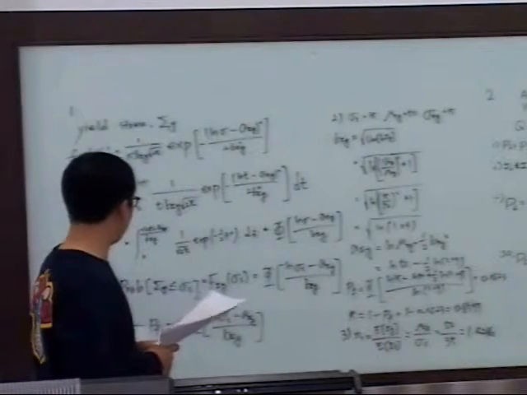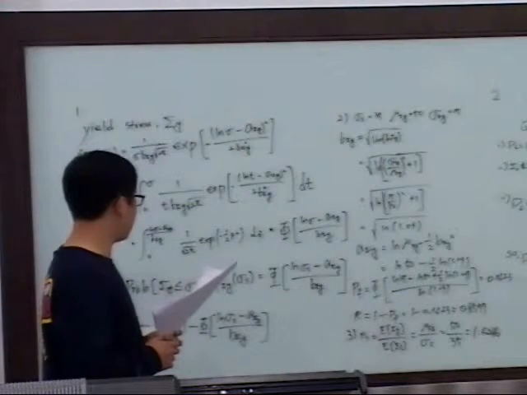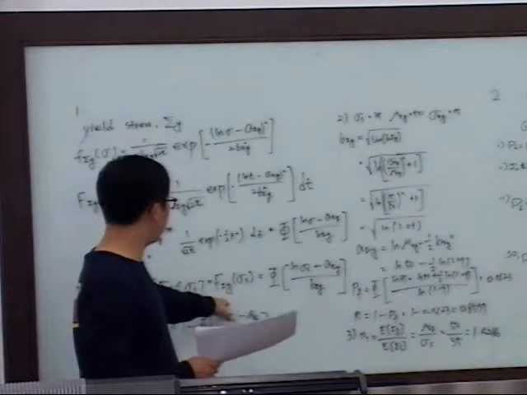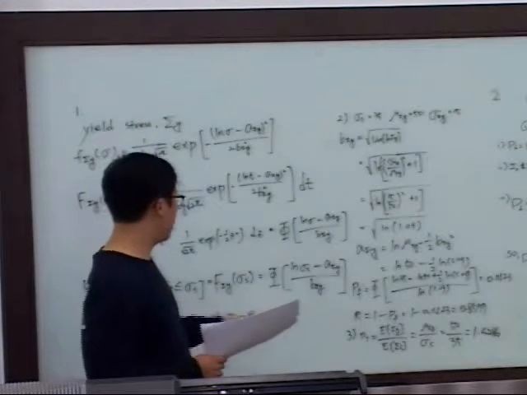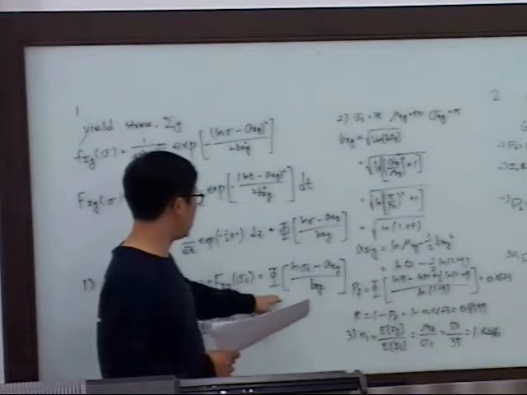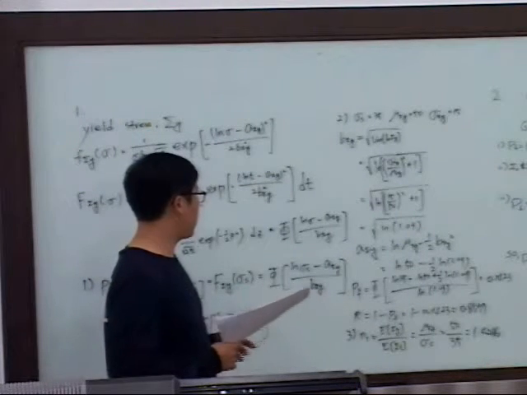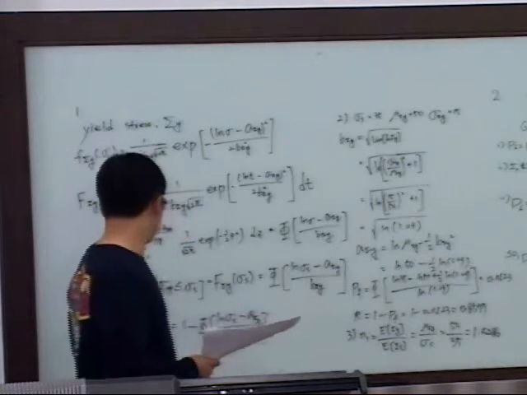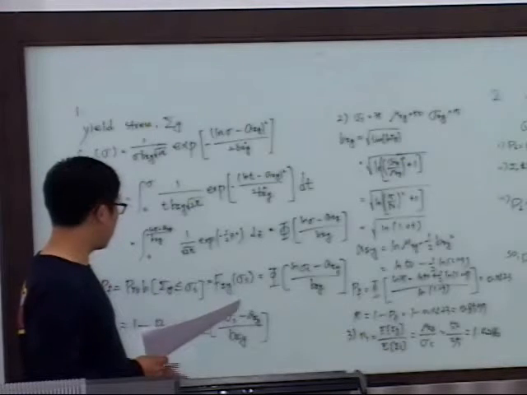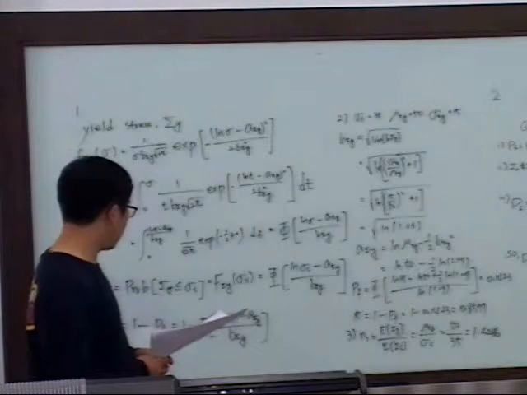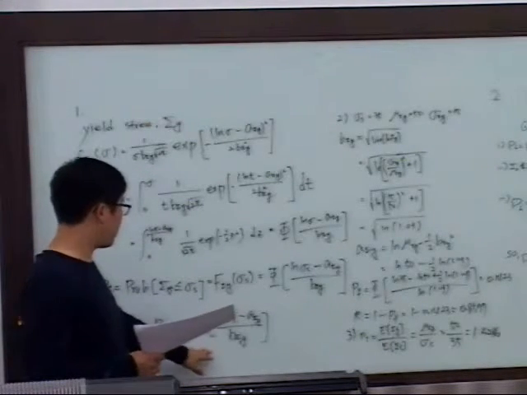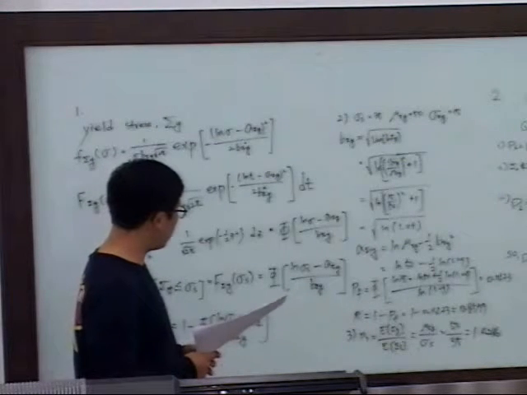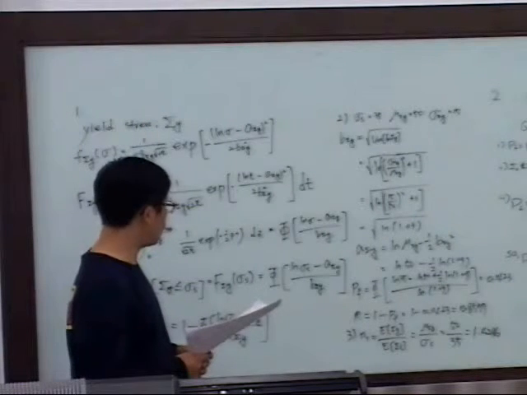PF is the probability of sigma y less than sigma s, which equals the CDF at sigma s, Phi of ln sigma s minus a sigma y over b sigma y. Reliability is 1 minus PF, equal to 1 minus Phi of natural log sigma s minus a sigma y over b sigma y.